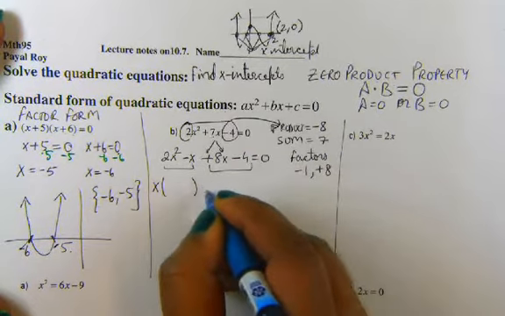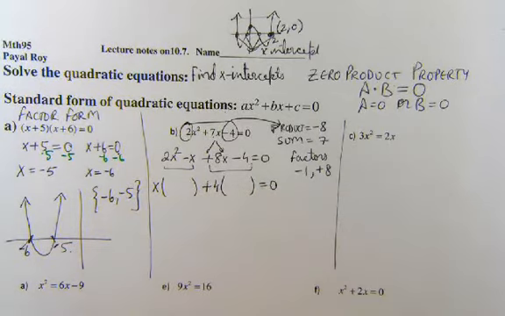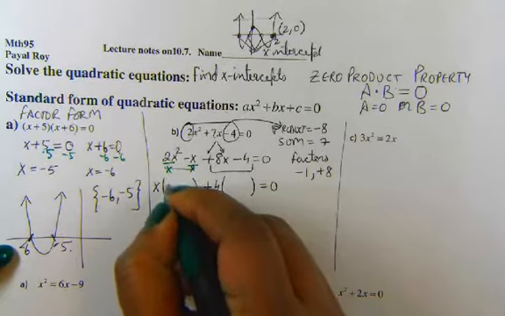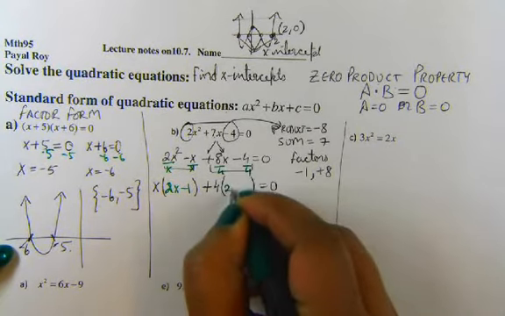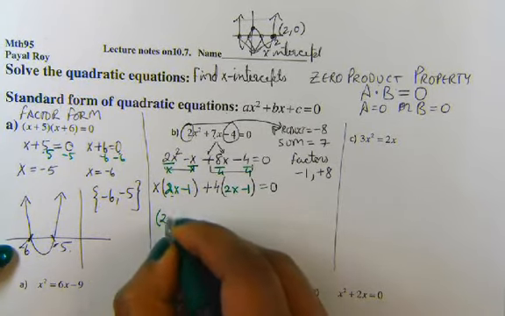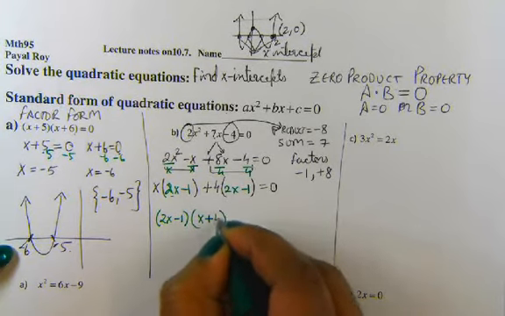The GCF of the other group is a positive 4. So when I divide by x, I end up with 2x minus 1, and I should be ending up with 2x minus 1 for the other group too. So we know it's the same factor, so we take it out as the GCF, and we are left with x plus 4 equals 0.